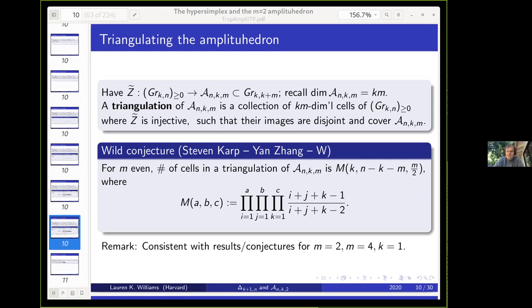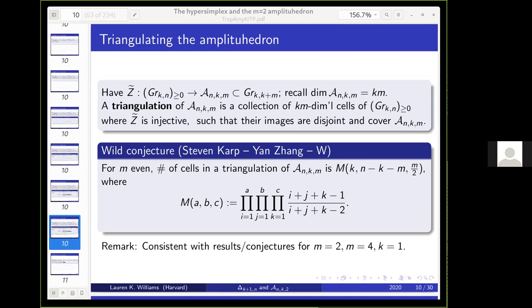So Tomek wanted to comment on the previous question. Nima's question was about the relation between the momentum amplituhedron for m equal to 2 and the hypersimplex directly. I think they are different objects, because one is really a polytope, a projective polytope in a single projective space.